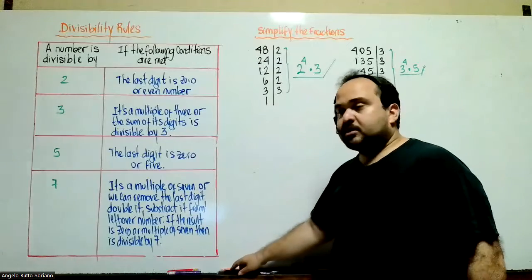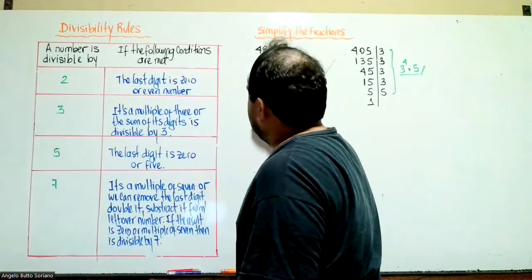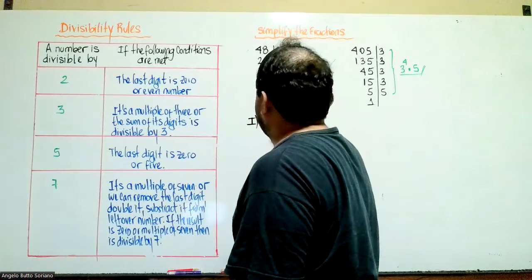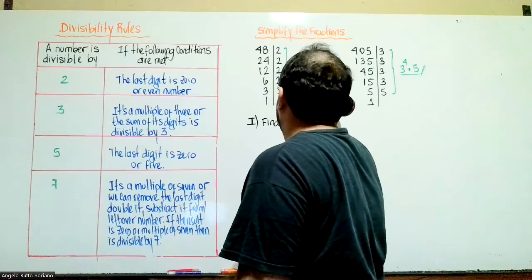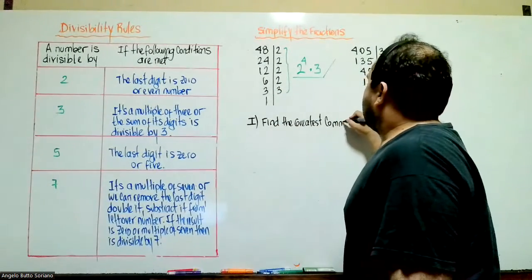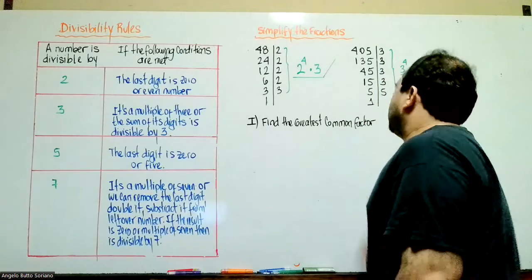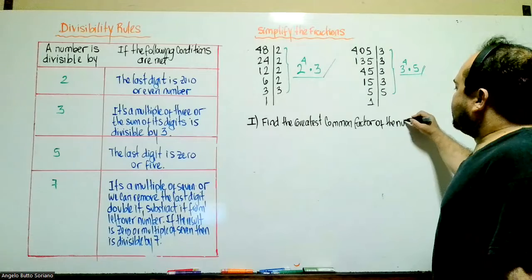So let's check another example. Let me copy the instruction. In problem number 1, find the greatest common factor of the numbers.